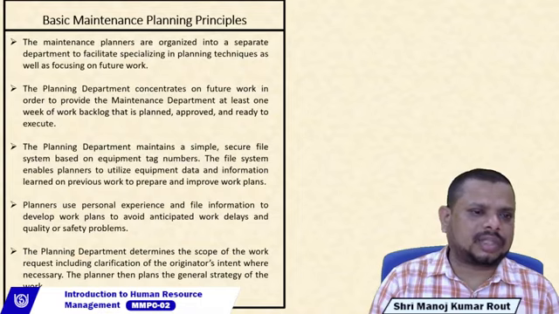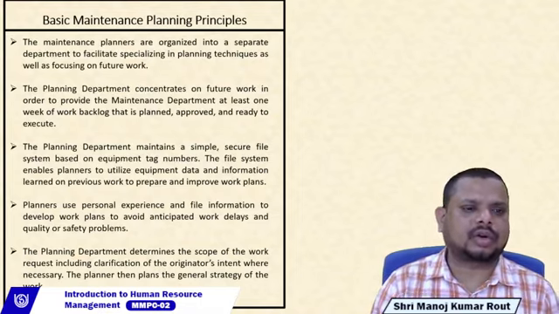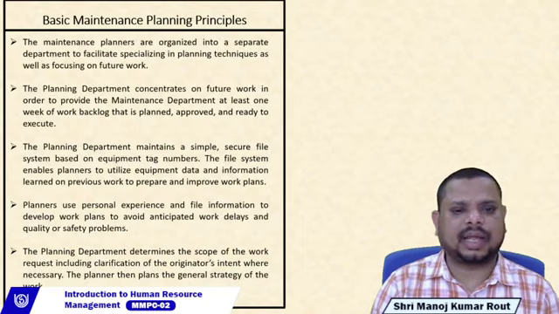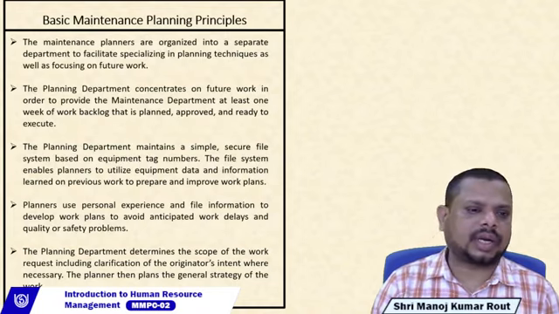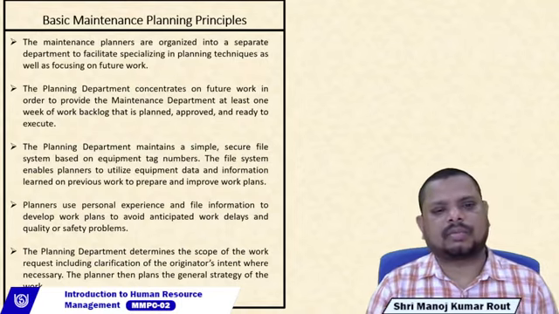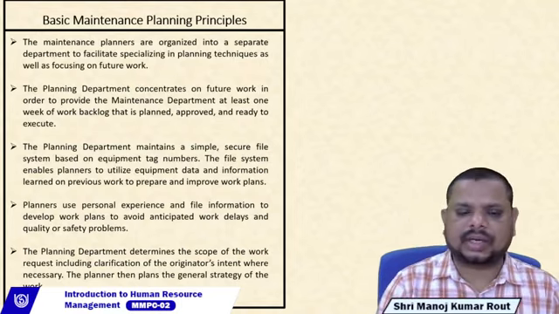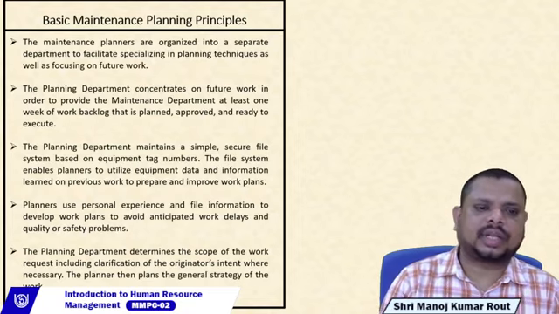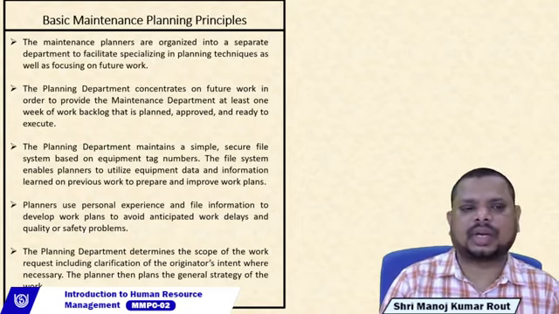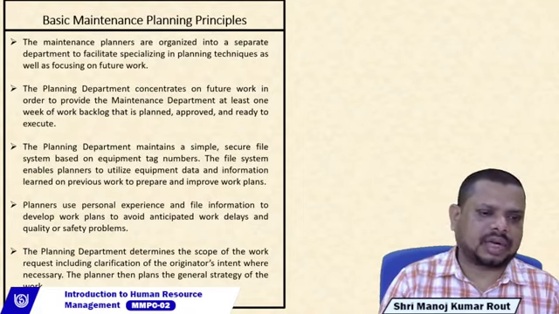Principle number two: the planning department concentrates on future work in order to provide the maintenance department at least one week or one work backlog that is planned, approved and ready to execute. In that case, the planning department concentrates on providing the details of future work to the maintenance department so that they can easily focus on planned, approved and ready to execute maintenance activities or tasks.